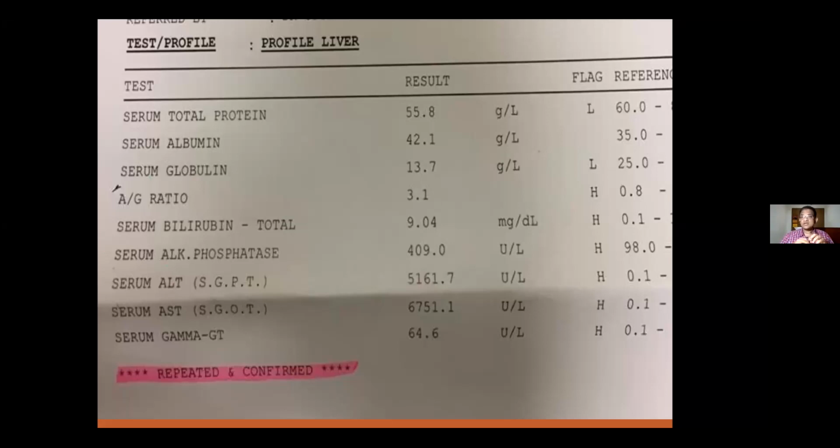So this is shock liver, and one of the main reasons for grossly elevated transaminases along with viral hepatitis and toxic necrosis like paracetamol poisoning. We commonly see this in dengue hemorrhagic fever leading to shock.